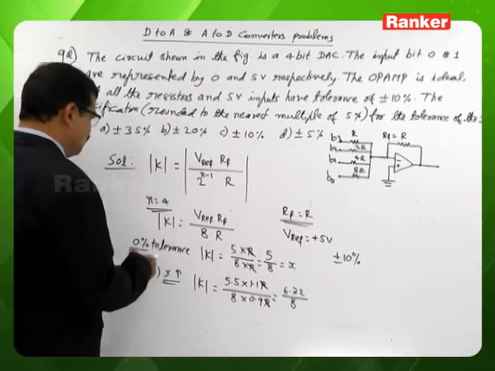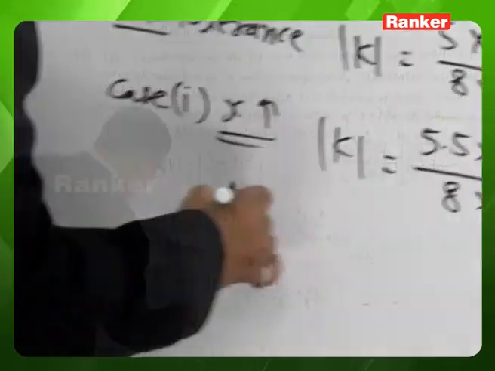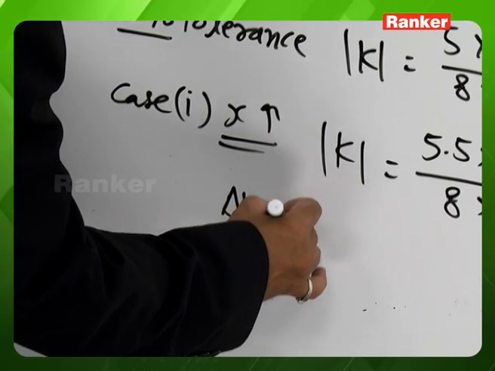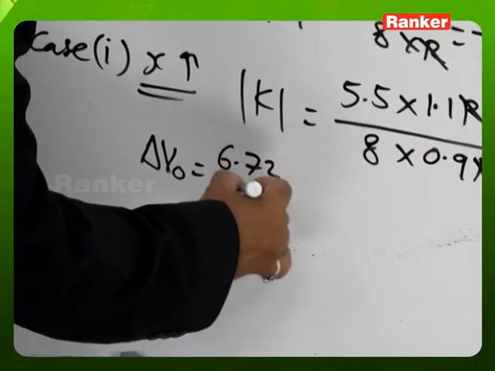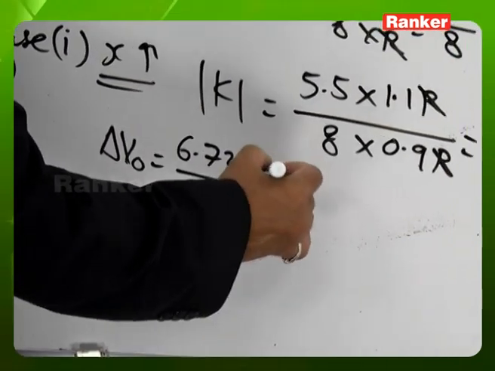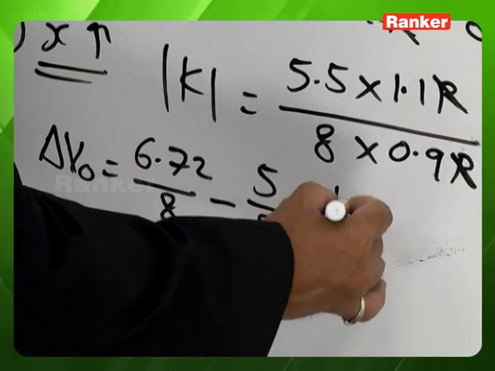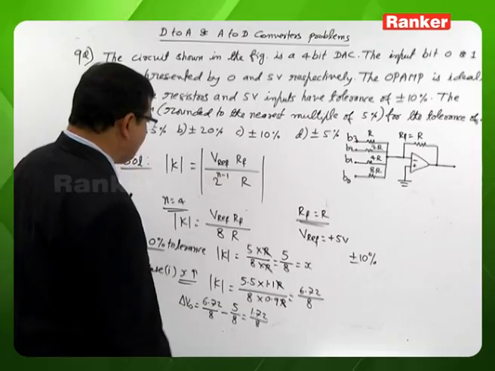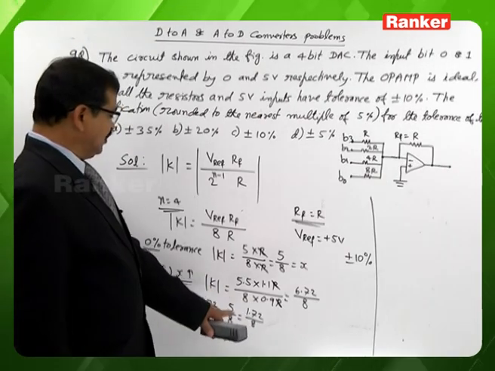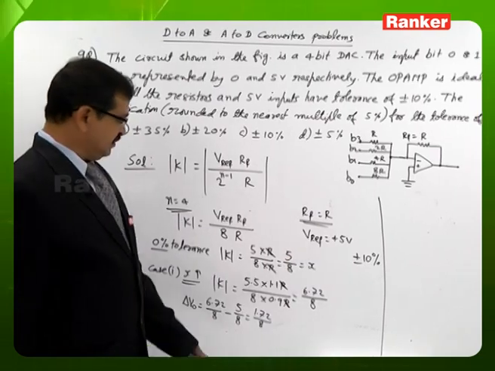Based on this, what is the error? The error is coming to be 6.72 by 8 minus 5 by 8, which is 1.72 by 8. So this 1.72 by 8 is the error which is deviating from the expected value of 5 by 8.